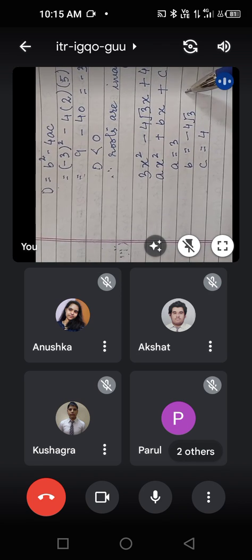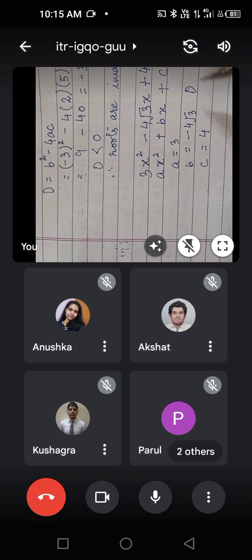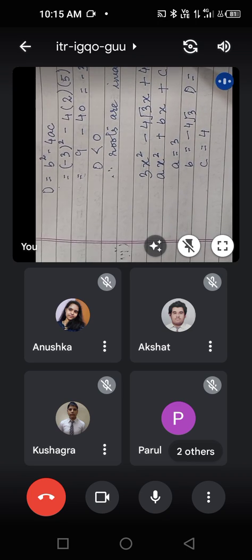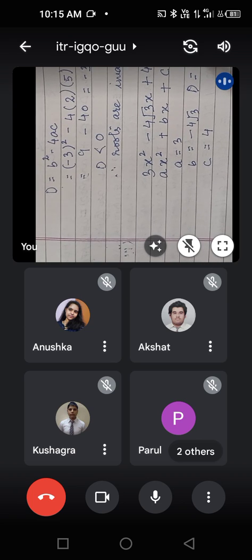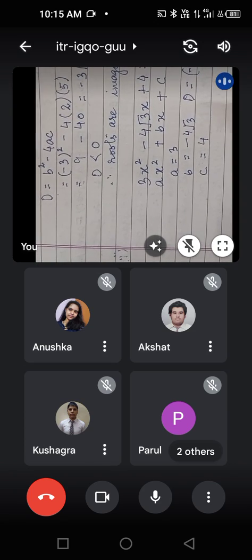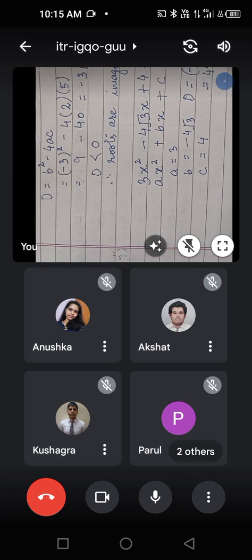So here the discriminant D will be equal to B square, minus 4 root 3 whole square, minus 4AC, minus 4 into 3 into 4. 4 square is 16, 3 is a 48, minus 48.